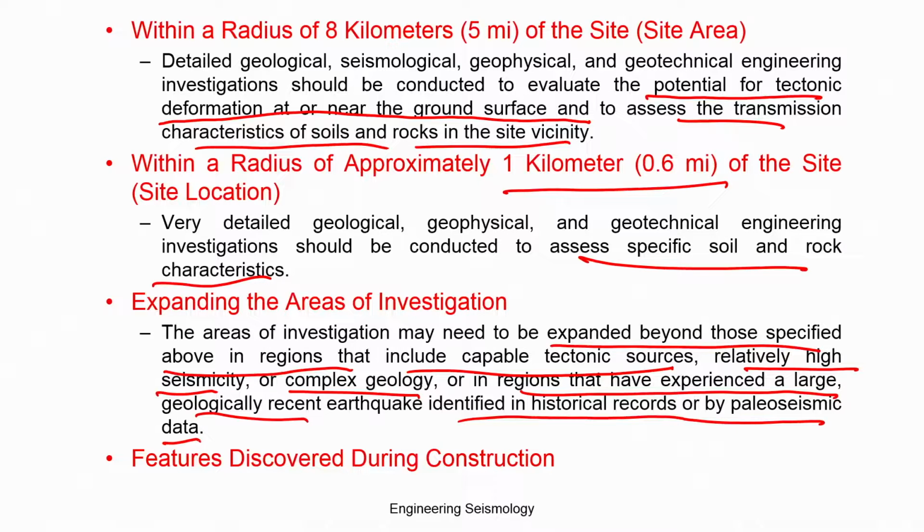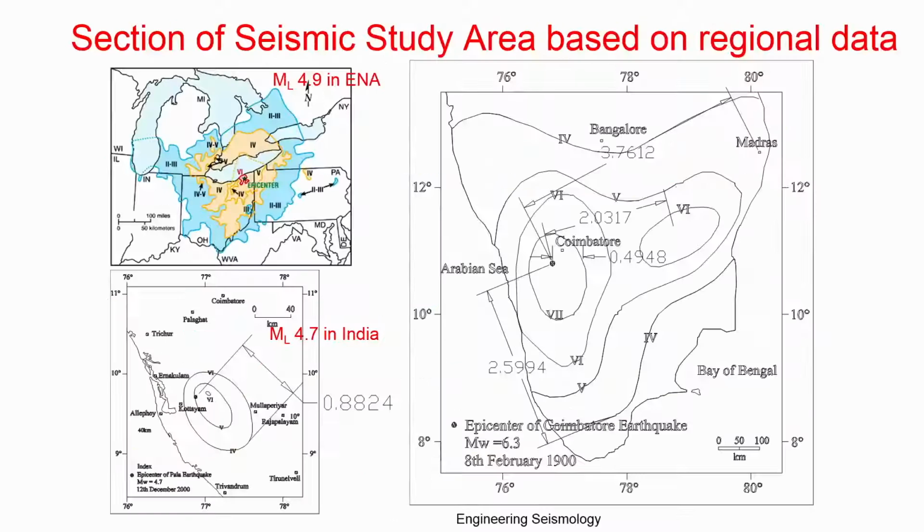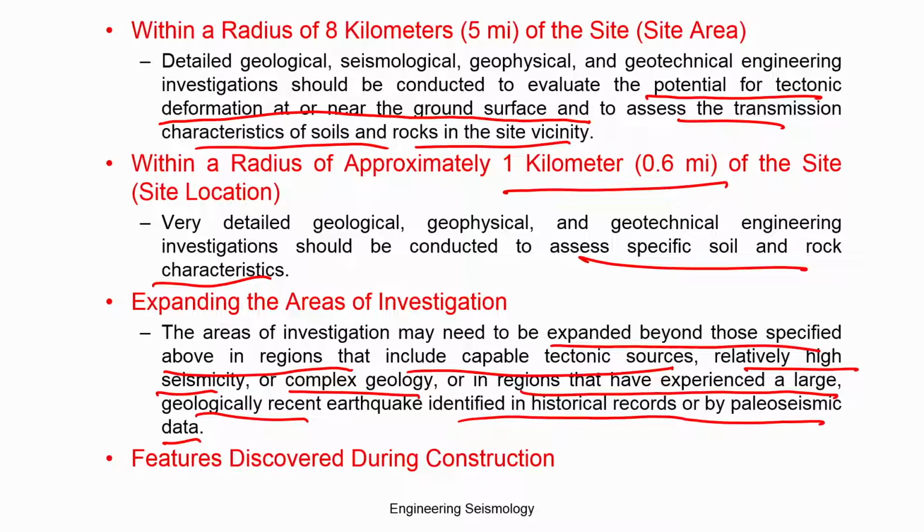So this was basically the guideline given by the US Atomic Regulatory Guide. They gave this guideline to basically do seismic hazard analysis of nuclear power plants located in northeastern America, because on the western side they don't have many nuclear power plants. On the eastern side they placed a lot of nuclear power plants, and for that power plant seismic hazard analysis, this is the guideline given.